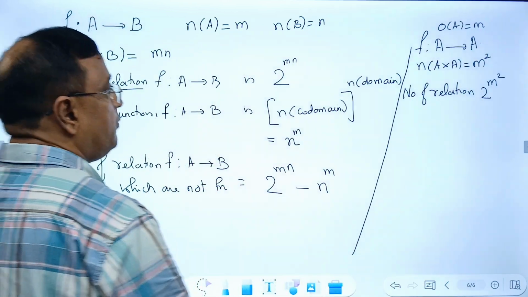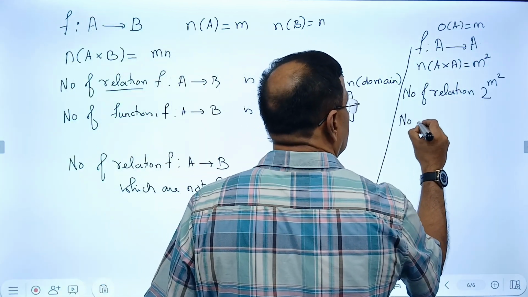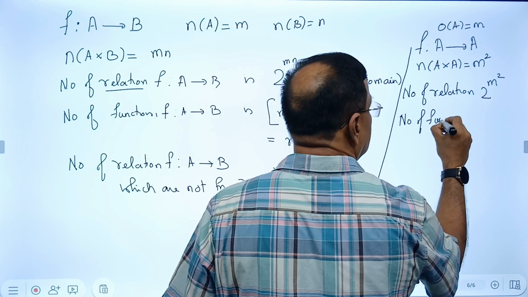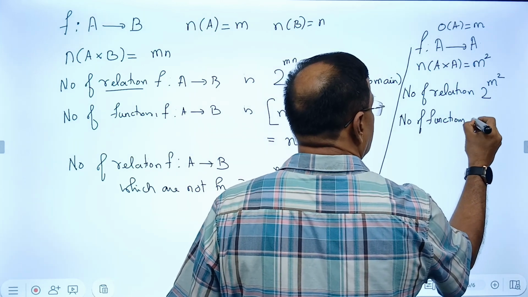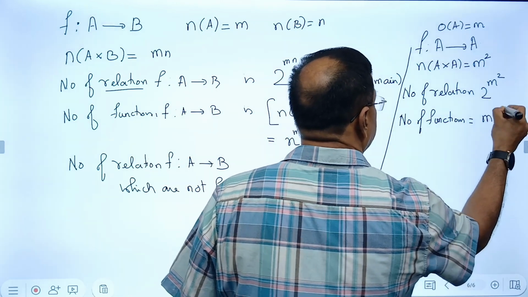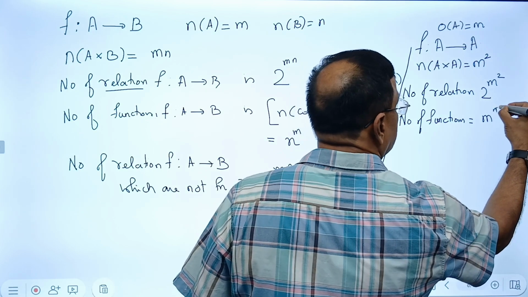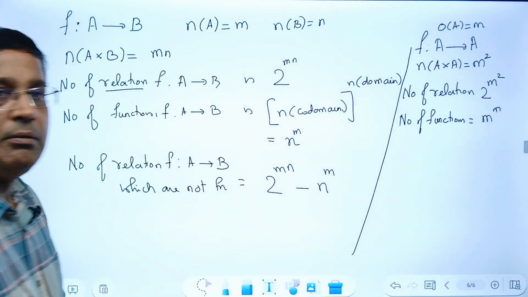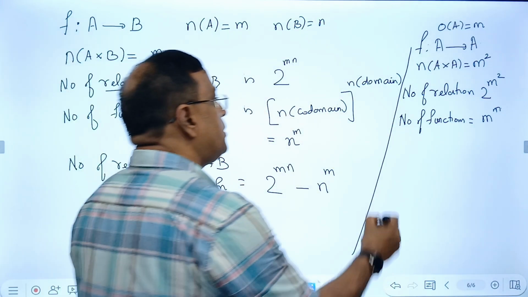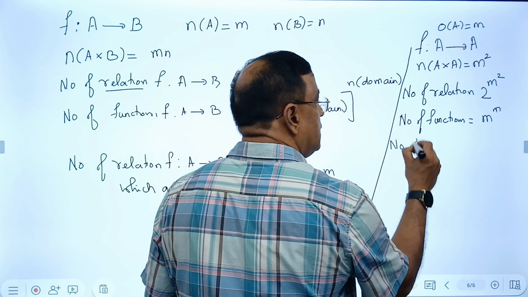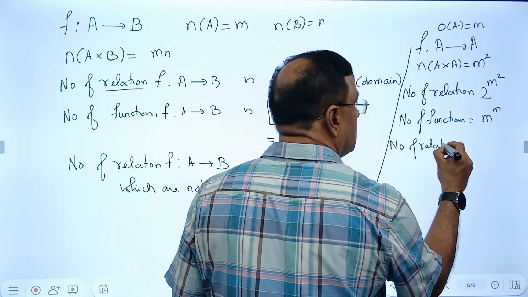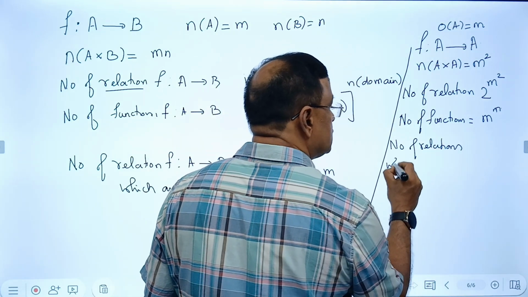So the number of relations will be 2 to the power of m square. What will be the number of functions? It is m power m. What will be the number of relations which are not functions?